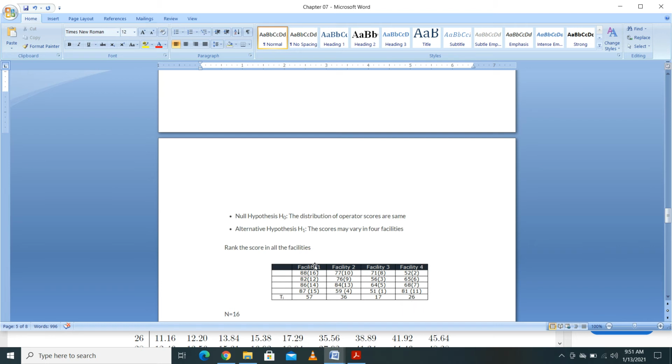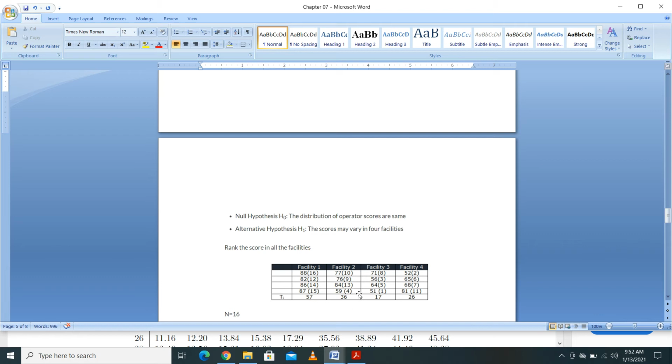For example, in the first sample, facility 1, for 88 we have rank 16, 82 has rank 12, 86 has rank 14, and 87 has rank 15. Then you take the total of these ranks: 16 plus 12 plus 14 plus 15 is 57.